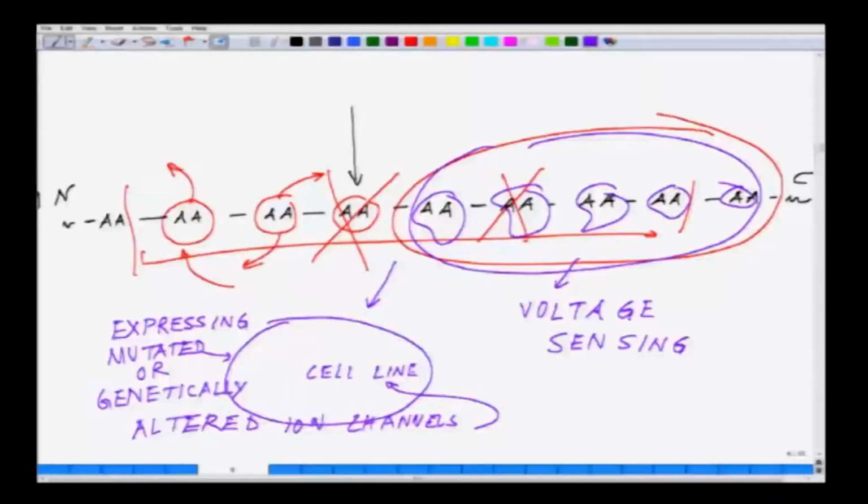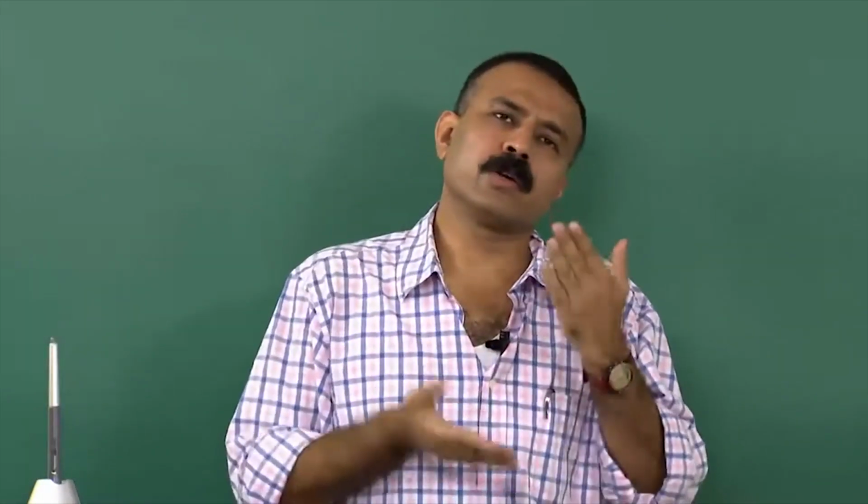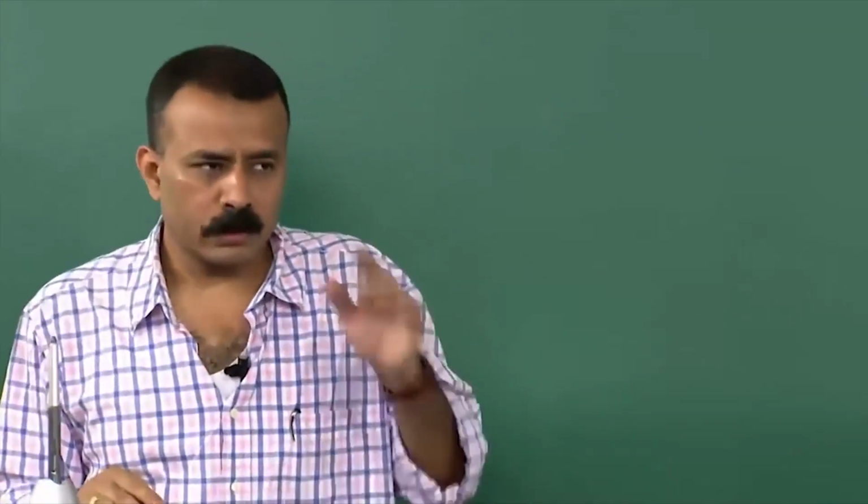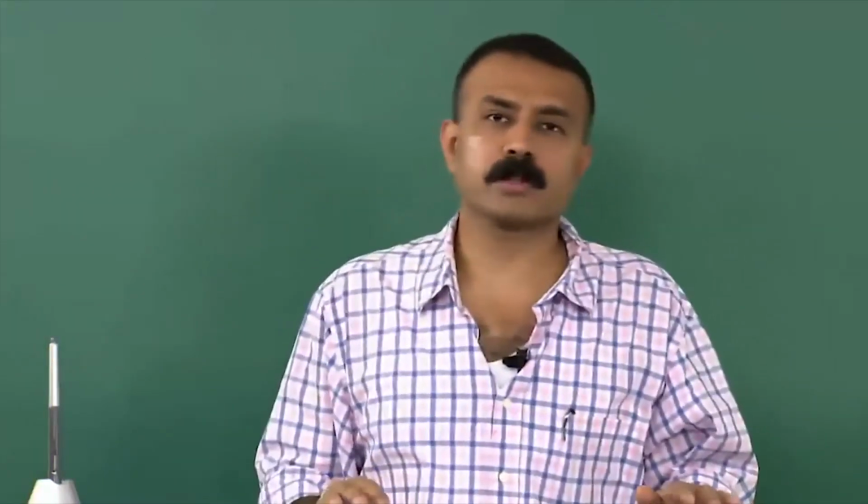Then you take this and you perform electrophysiology. That is where you will be able to figure out how a specific change in a sequence, or a mutation at a particular part, could influence its voltage sensing, could influence the selectivity pore, could influence the gate, likewise, and it is a very, very tedious process.